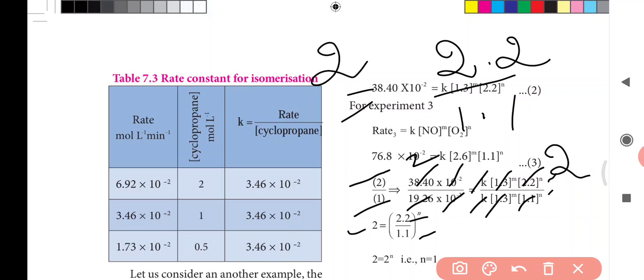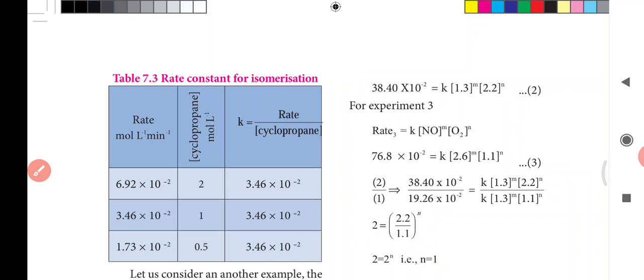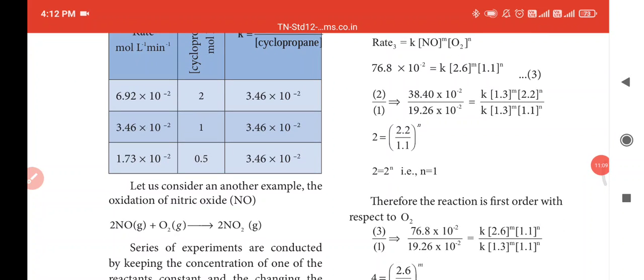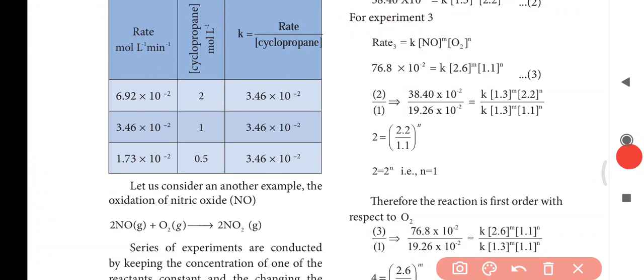And if you want to know the value of n, we have to find what makes the power. Here, 2 equal to 2 power n. If you multiply the power to this 2, you will get the same value, 2.